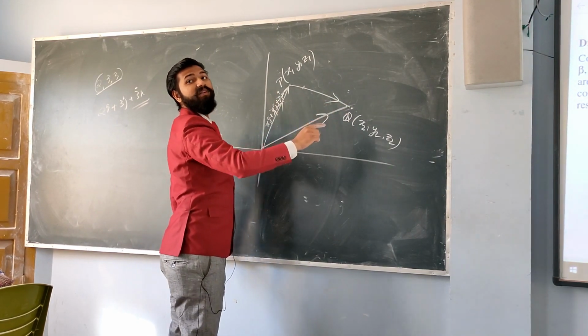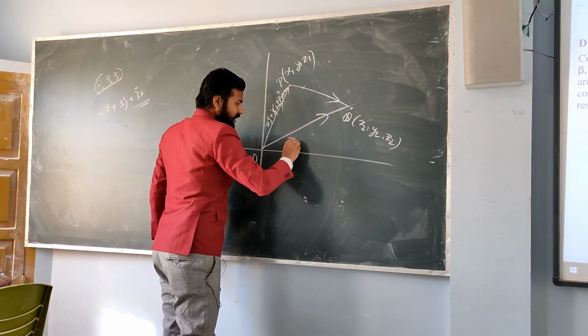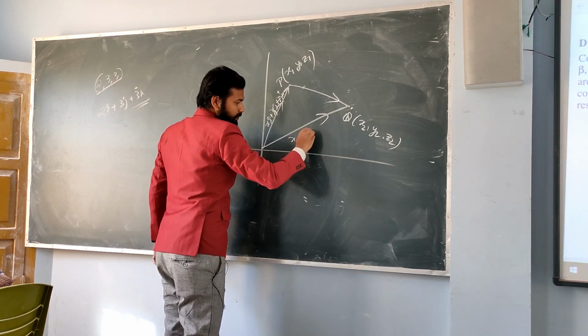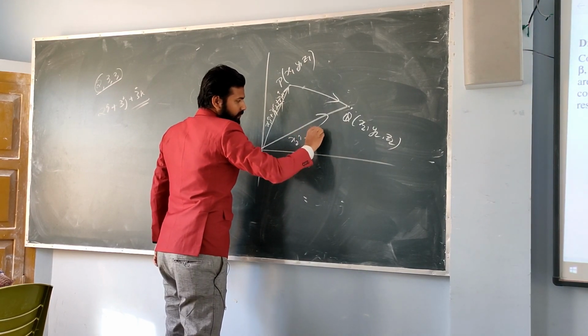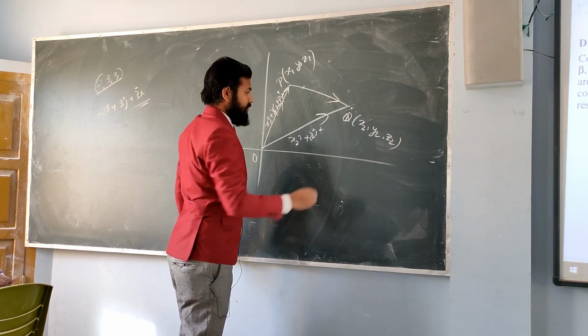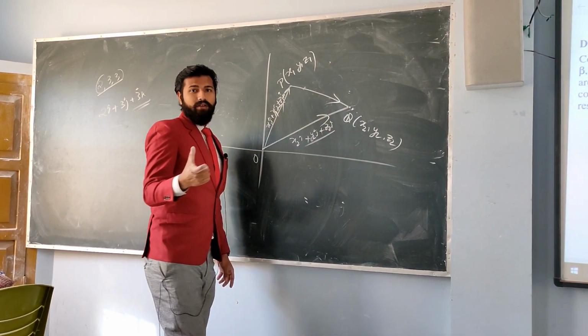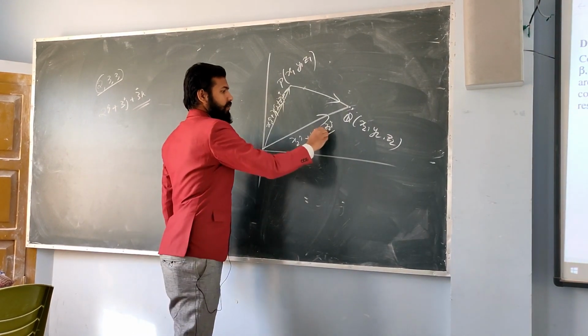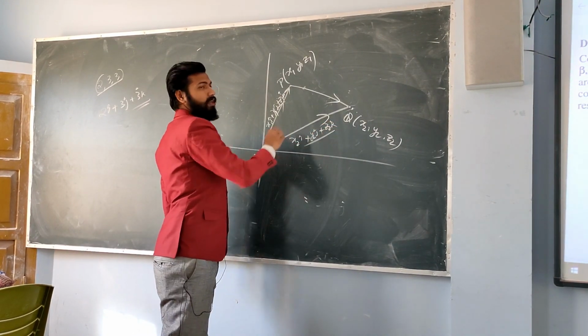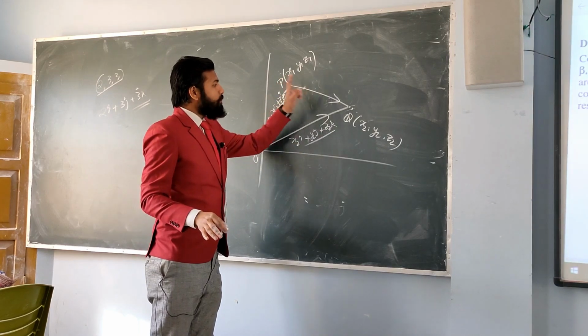Again, how to find OQ? It is x2 i cap plus y2 j cap plus z2 k cap. This is the clear way to represent a vector. How to find PQ?